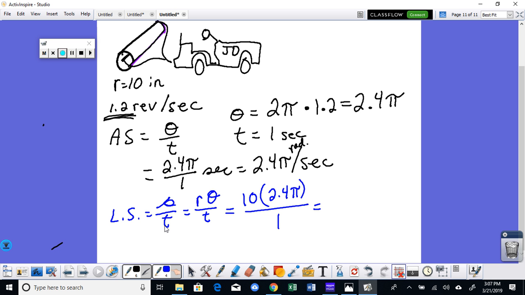And so that equals approximately 75.4 inches per second.